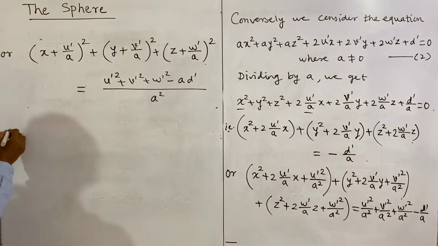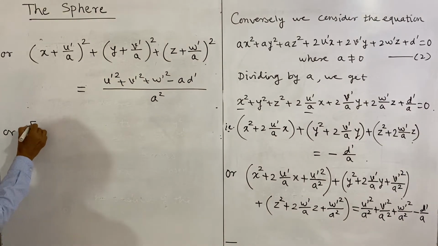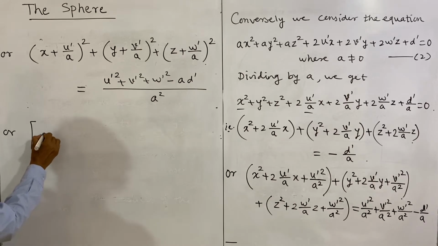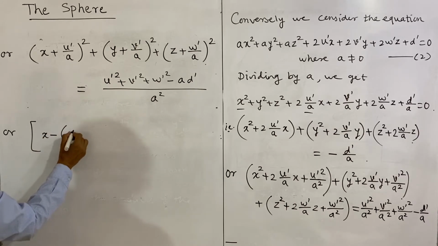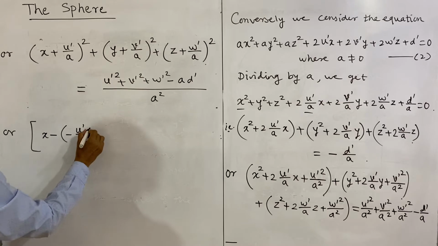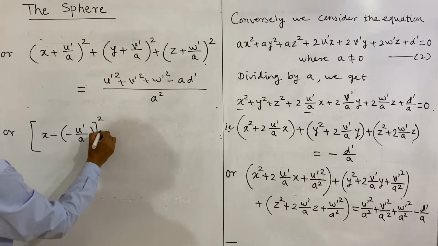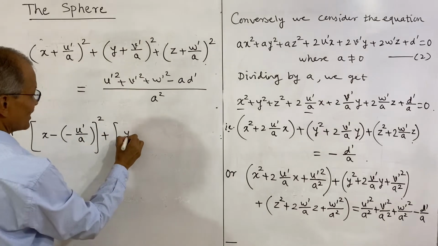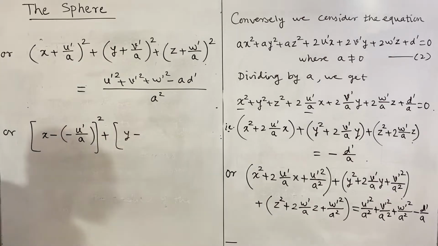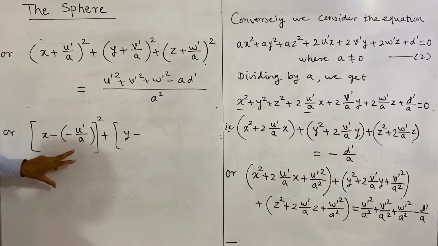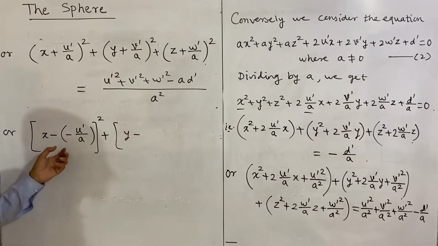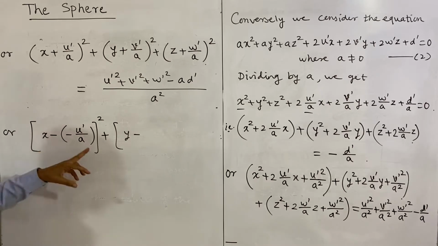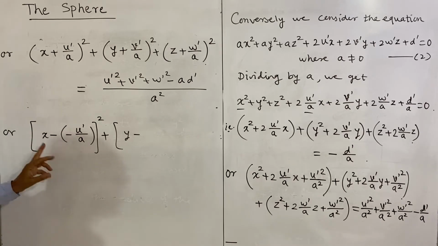So this further we can write as x minus u prime upon a whole square plus, we are writing this minus sign purposefully because we want to express this in the center radius form, so that comparing this with the first equation, we shall get the coordinates of the center and also the radius.